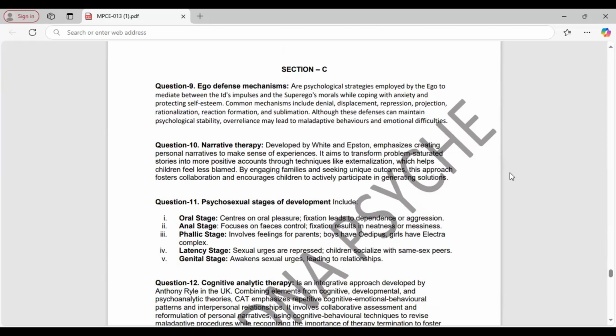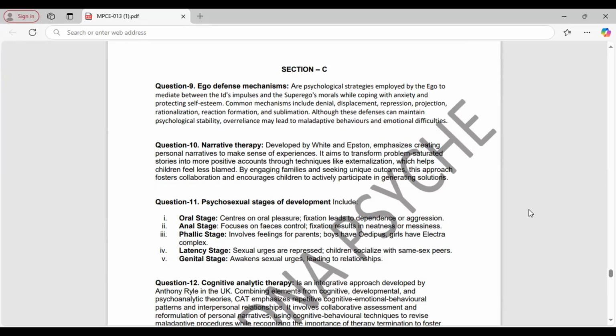Question 10, narrative therapy. Developed by White and Epston, narrative therapy focuses on reshaping personal stories to shift from problem saturated narratives to positive ones. Techniques like externalization help children feel less blamed, promoting family collaboration and active participation in solution.